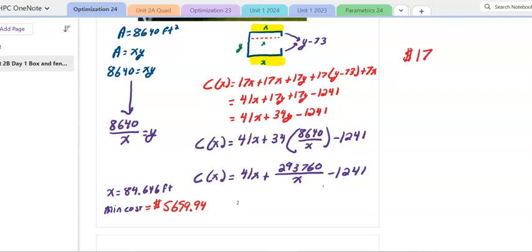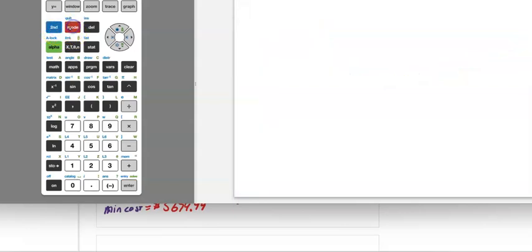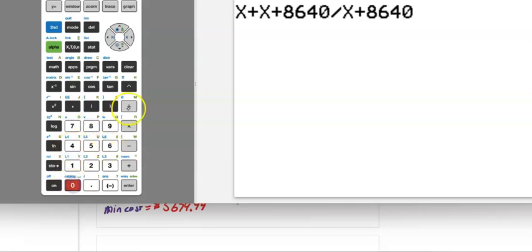Meaning I wanted to find how many feet of each fence I need. So for the $17 fence, we need x plus x plus y plus y minus 73. And we know that y is equal to 8640 over x. So on my calculator, I'm going to say x plus x, so that's the top and the bottom, plus y, which is 8640 divided by x, plus another 8640 divided by x, but then I had to take away 73 because the house was on that side.